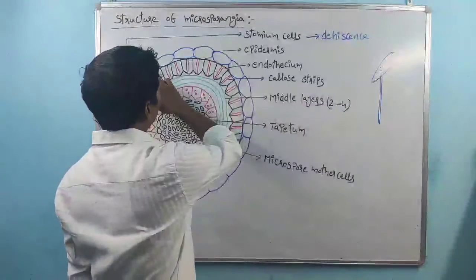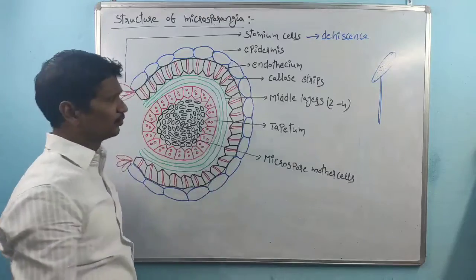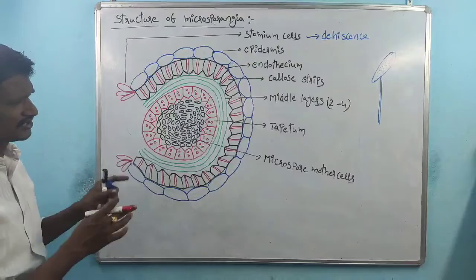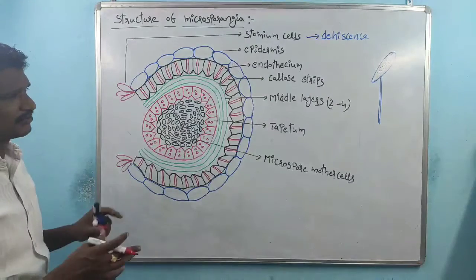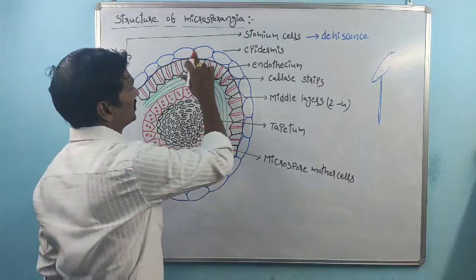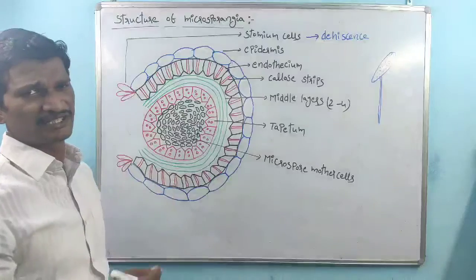I already discussed the epidermis, the blue color cells. First we'll discuss the total parts, and after that we'll discuss them one by one. The epidermis is a uniseriated, single cell layered structure.